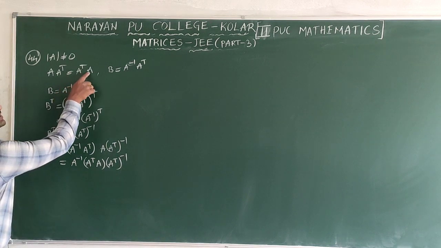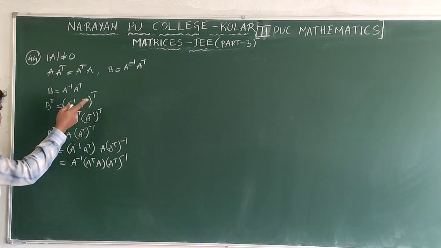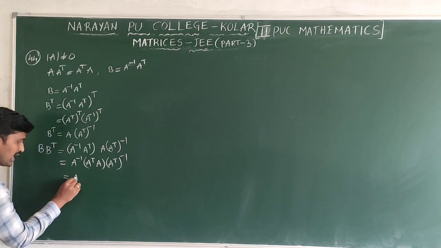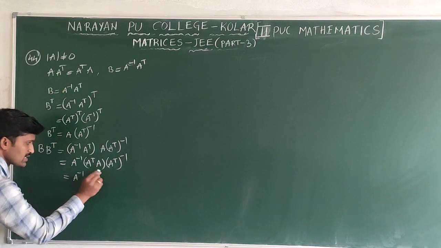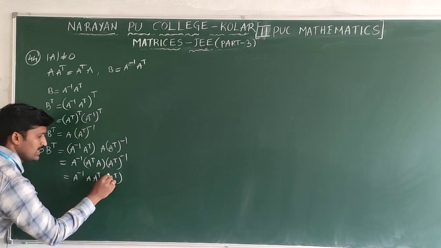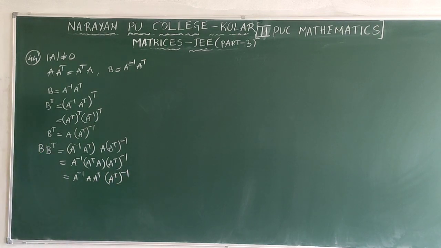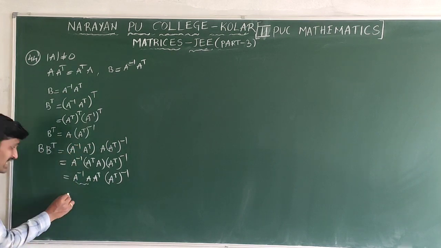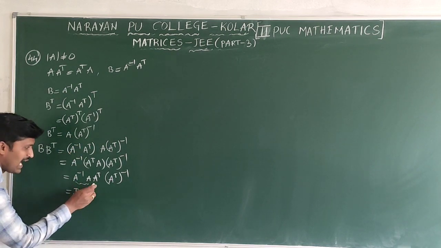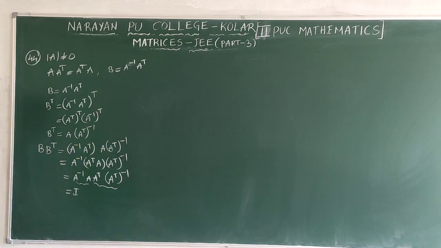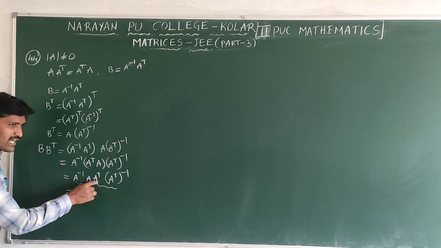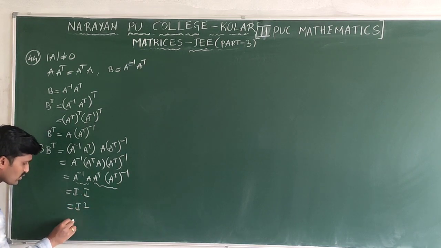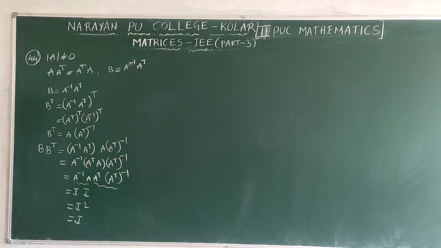Here A transpose into A or A into A transpose, both are the same only. In the place of this I can replace A inverse into A transpose into A transpose whole inverse. Now from this, these two products give A inverse into A, which is clearly the identity matrix. Again these two products give the same identity matrix, because A transpose is a matrix with its inverse. So I into I, I square, means what we will get.